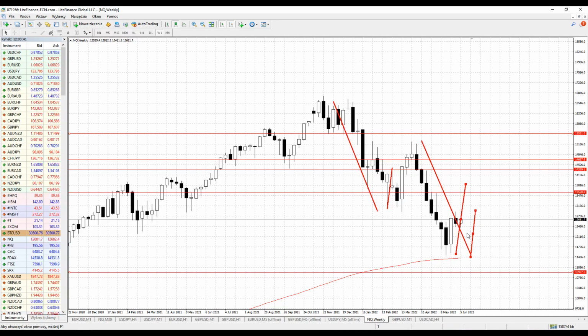So as you can see, on the weekly chart, both bounces got an explanation based on the supply and demand, right? So 1-to-1 we already did.